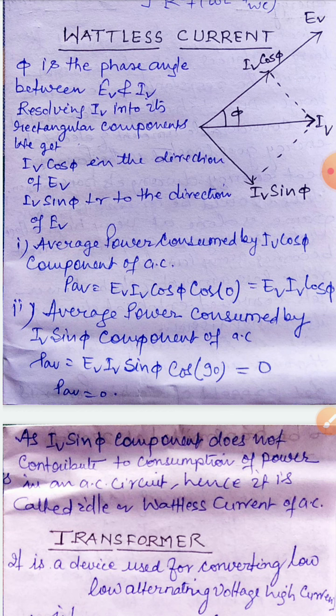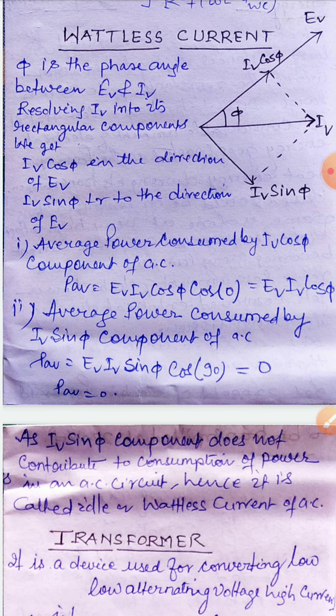In case of power consumed by the IV cos phi component of current, EV and IV cos phi are both in the same direction, so the phase angle between EV and IV cos phi is 0 and cos 0 is 1. So average power is EV, IV cos phi, and cos 0.